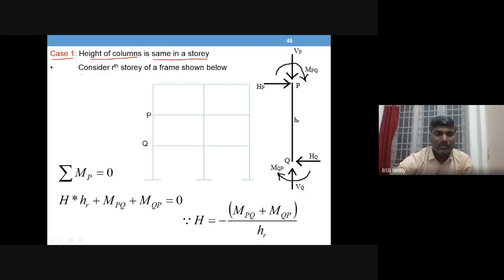Okay. So what do we do now? So to incorporate sway moments into this iterative procedure, like cyclic procedure, some of the things are required. Those things we'll be deriving now. So please concentrate. So consider rth story of a frame shown below.